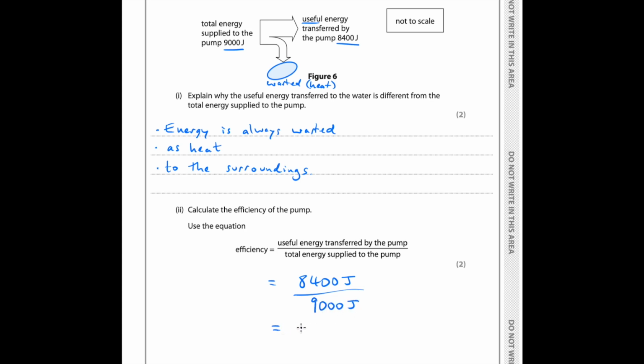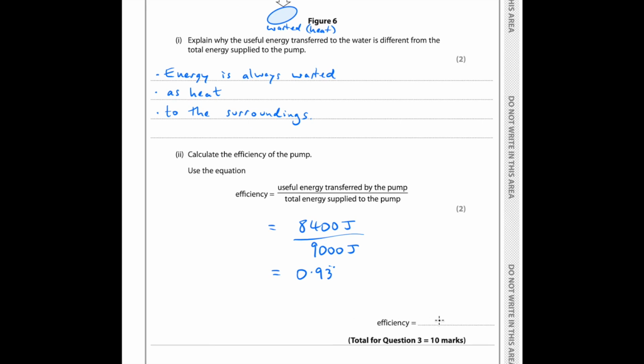And that comes out as 0.93 recurring. So 0.93, or 93%. If they did want it converted to a percentage, remember, just multiply it by 100.